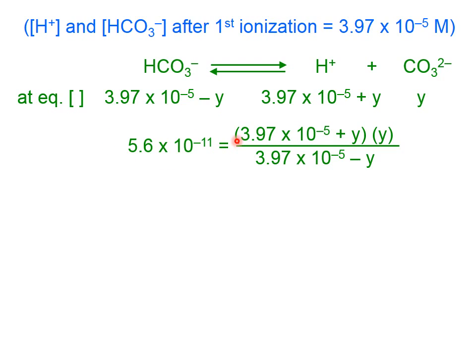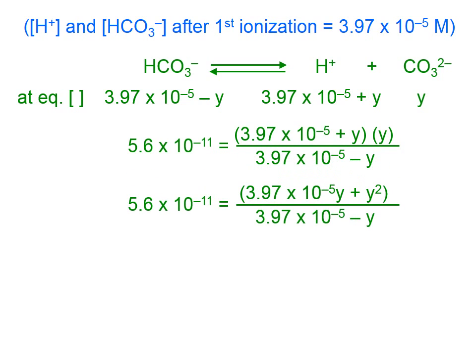You can see we've done products in the numerator, reactants in the denominator. You can see that this looks like it's going to be a lot of work to solve, and it is. We've simplified it here, and if you solve that for Y, feel free to do it if you want, or you could just trust me.